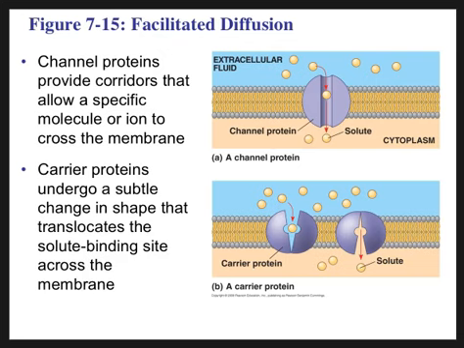Some diseases, as we look at this image, are caused by malfunctions in specific transport systems. For example, the kidney disease cystinuria. Cystinuria is an inherited autosomal recessive disease. We'll get to that at the end of the semester, but basically you got one copy of that gene from your dad and one copy from your mom.